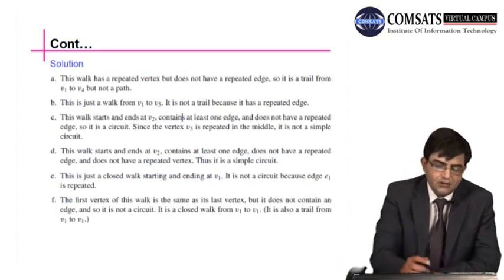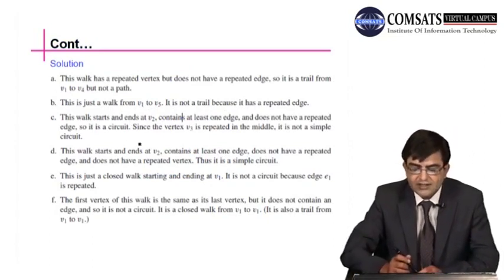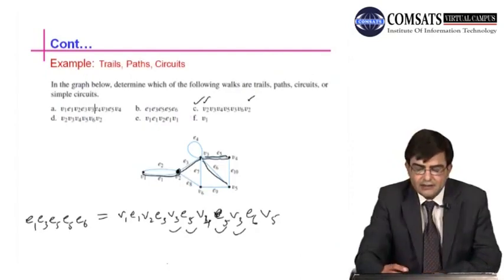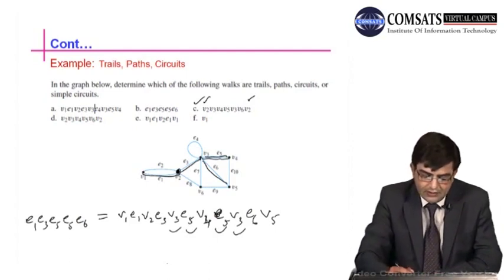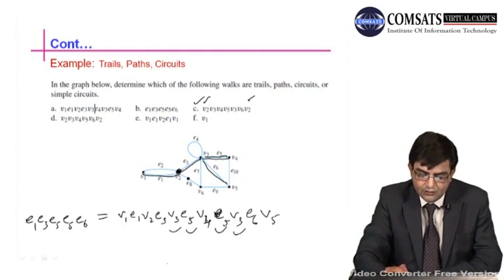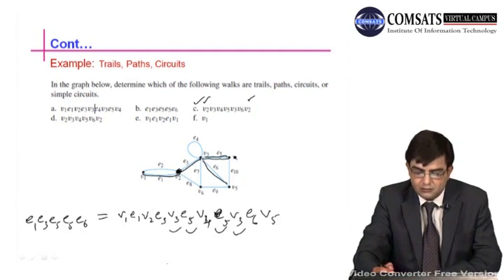In part C, this walk starts and ends at V2 and contains at least one edge. We can see that the starting point is V2, the ending point is V2. From V2 we go to V3, from V3 to V4, from V4 to V5, and then from V5 to V3 here, and next we go to V6 and then V2.